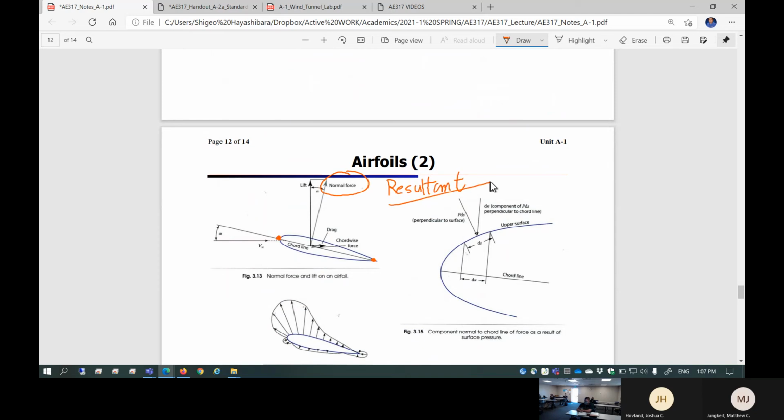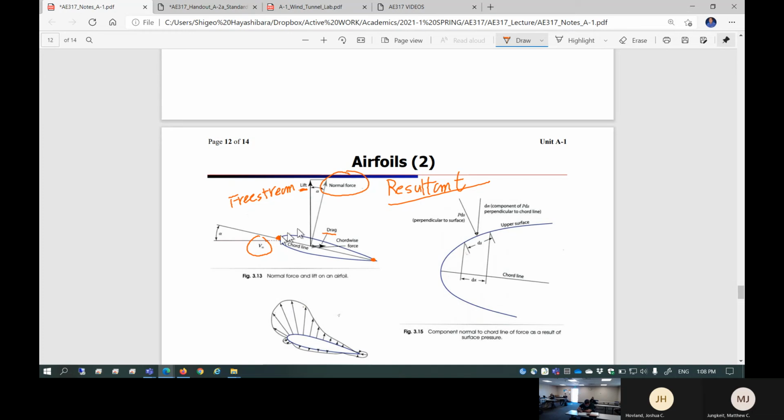Resultant force can be resolved into two components. One component of the force is perpendicular to the incoming direction of the flow. This V infinity is called the free stream. So the one which is perpendicular to the free stream is called the lift. The one which is in the same direction as the free stream is called the drag. Okay?